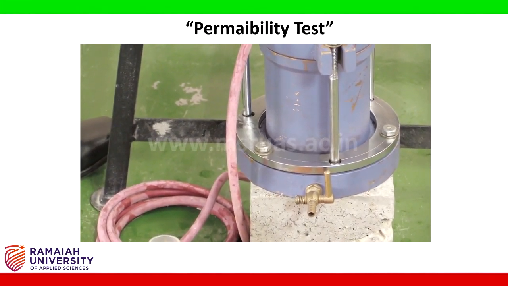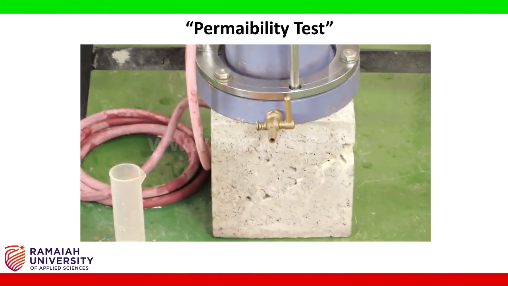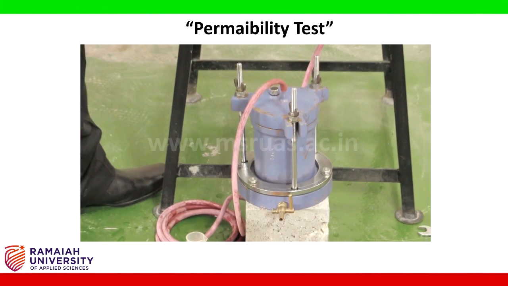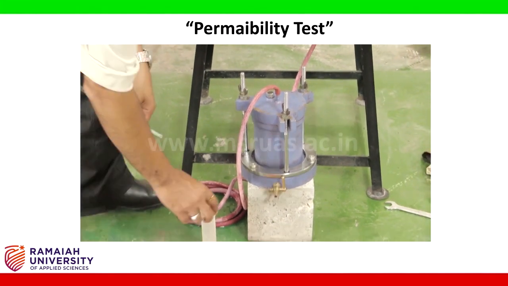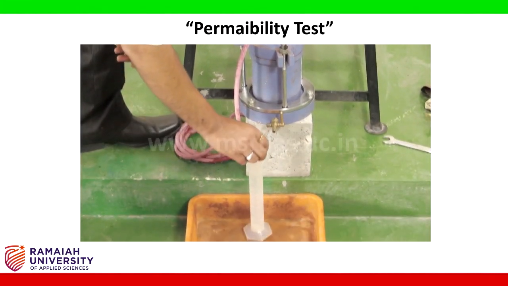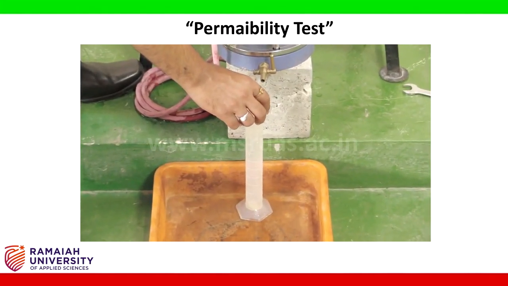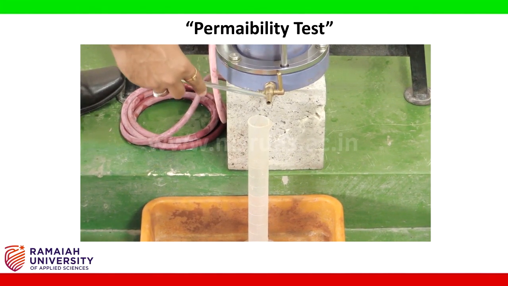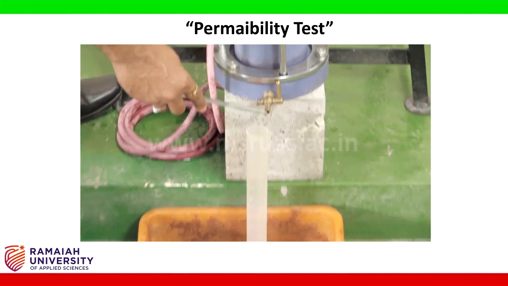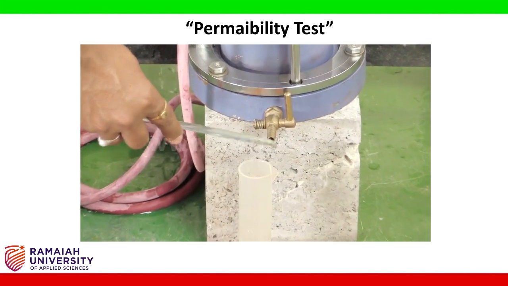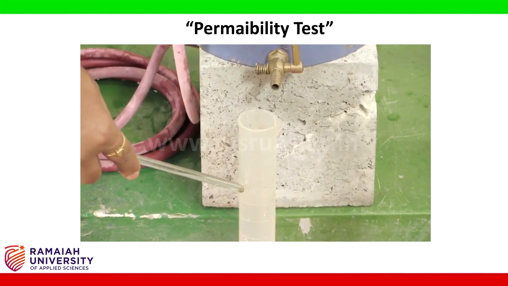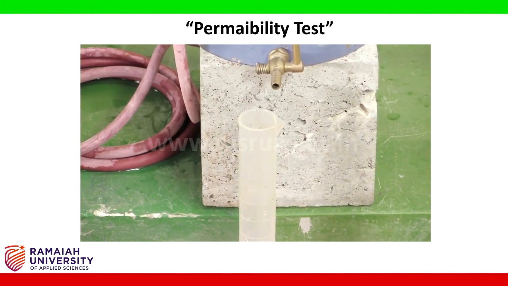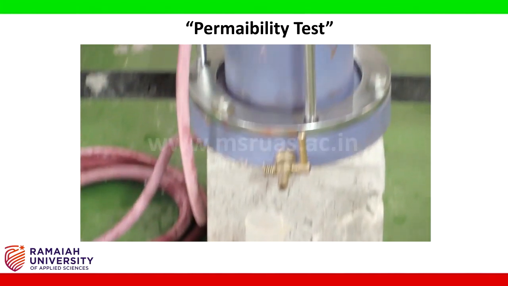So here, once we have ensured all the experimental setup to be in place, we need to take this 100 cc or 100 ml measuring cylinder, and the time required for the water to flow through this exit pipe and get collected in this measuring cylinder is noted by making use of this stopwatch.